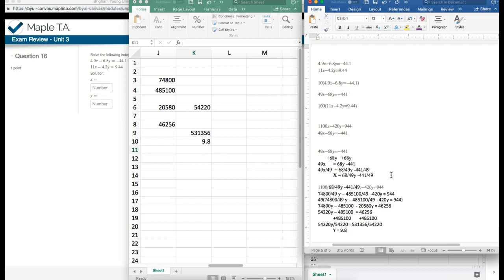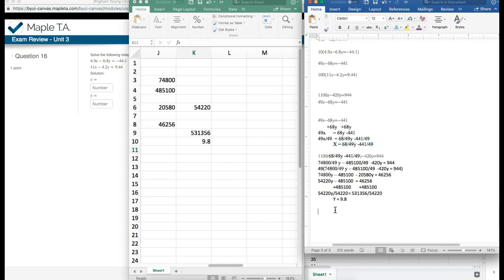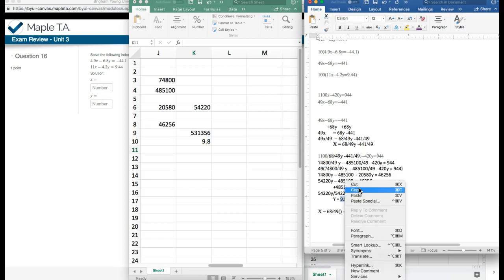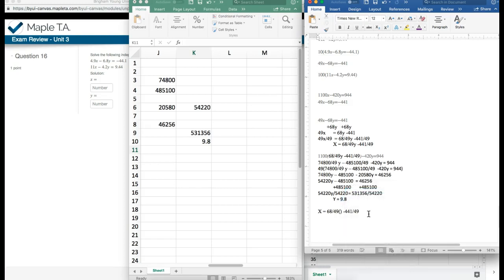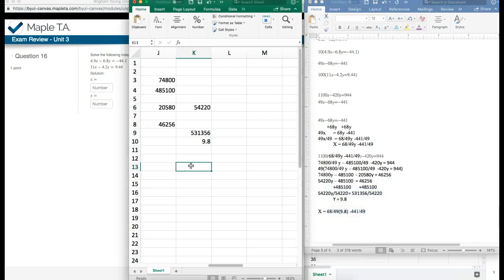Now we're going to substitute that y in for this equation here that we solved for x. We'll go here, type in that 9.8, put in my parentheses first because that helps me remember whatever I'm substituting in goes here. And because we have Excel pulled up, I can just copy and paste this in over here. We'll do Control V to paste it in.